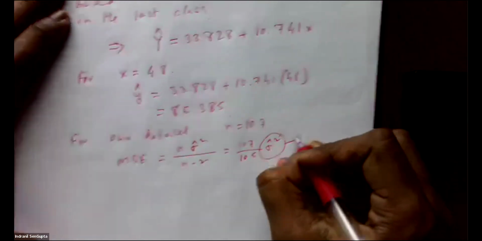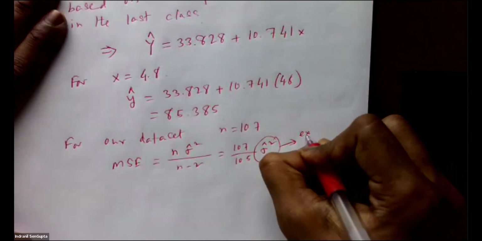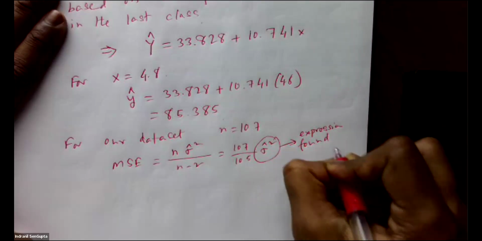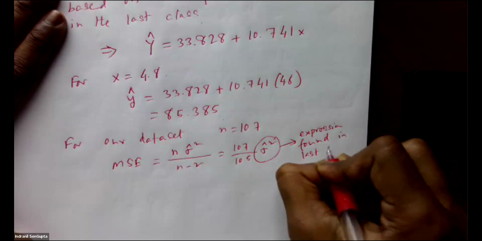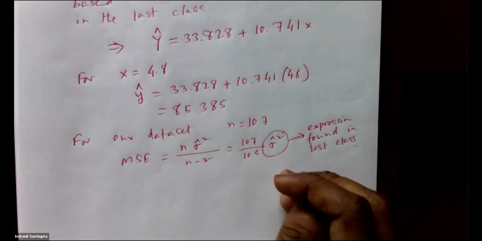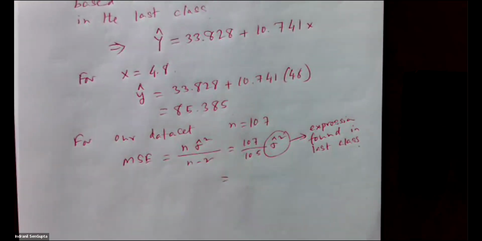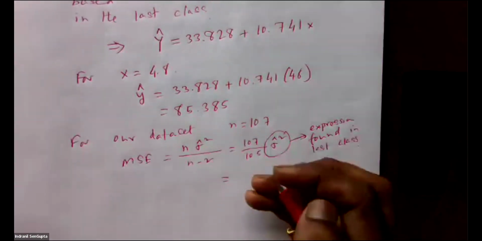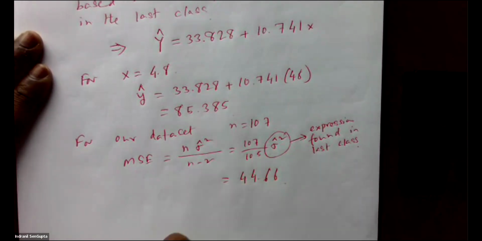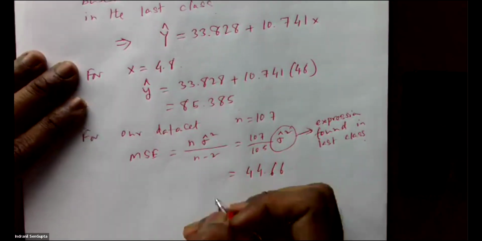So it's an expression found in last class. Given a set of data, you can always compute this. And for this particular data set, if you compute it and round it, you'll get 44.66. All right.